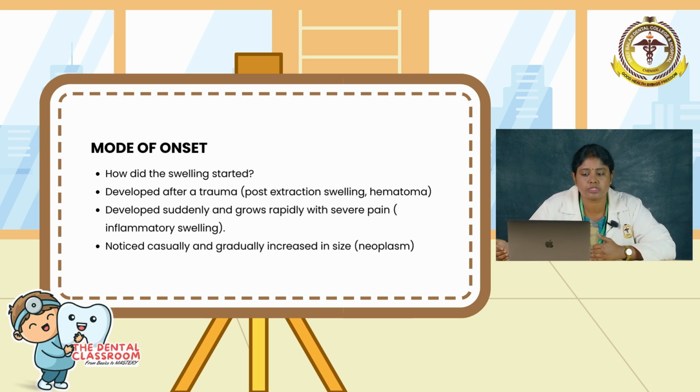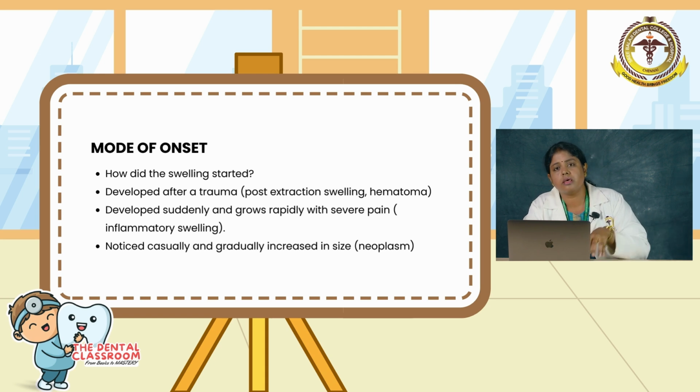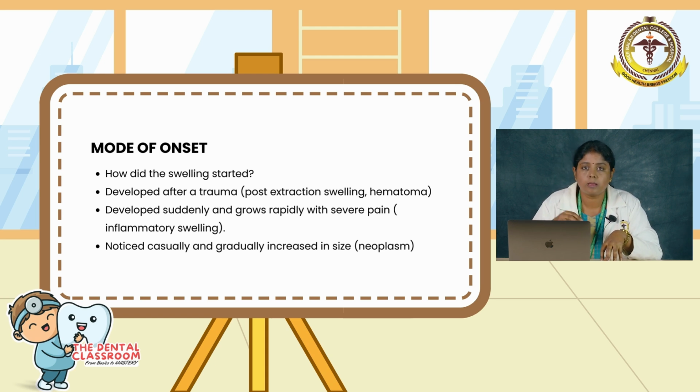If it is an inflammatory swelling, then likewise, as I said before, it can be a very slow growing swelling. When it is a very slow growing swelling, then I have to think that it is a benign tumor or a benign swelling. Benign tumor is a scary term, but benign means it is very slow growing and subtle.